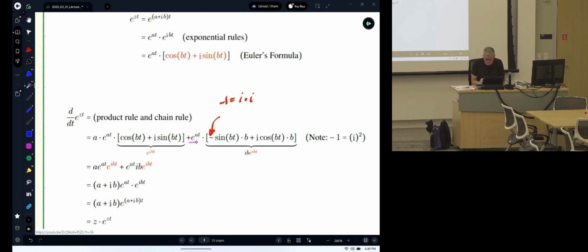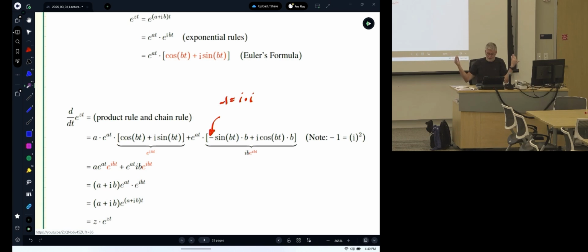And so I see I have e to the at, I have b, and I have i. All of those things can be factored out. And then what's left after that, remember this minus sign is now plus i times i. I have cosine of bt plus i sine of bt, which is the original complex exponential.